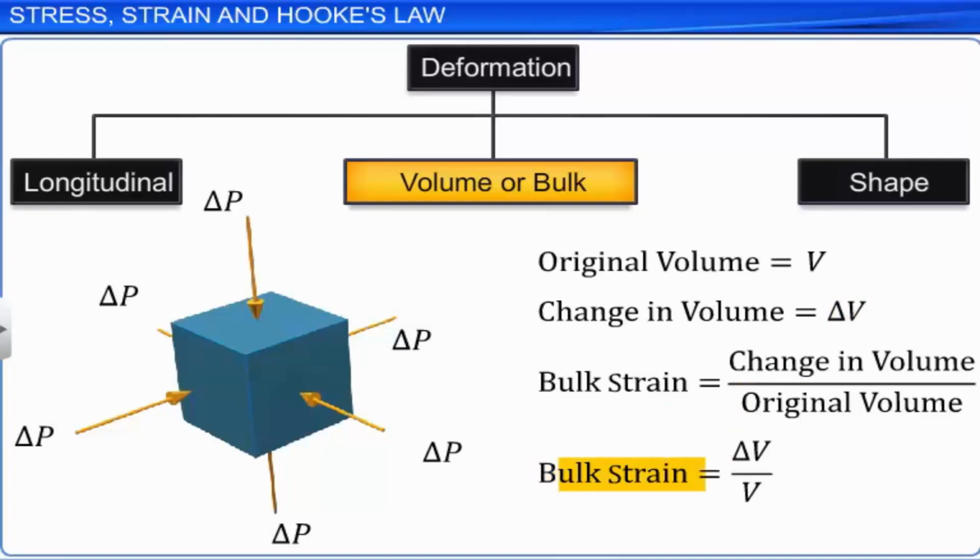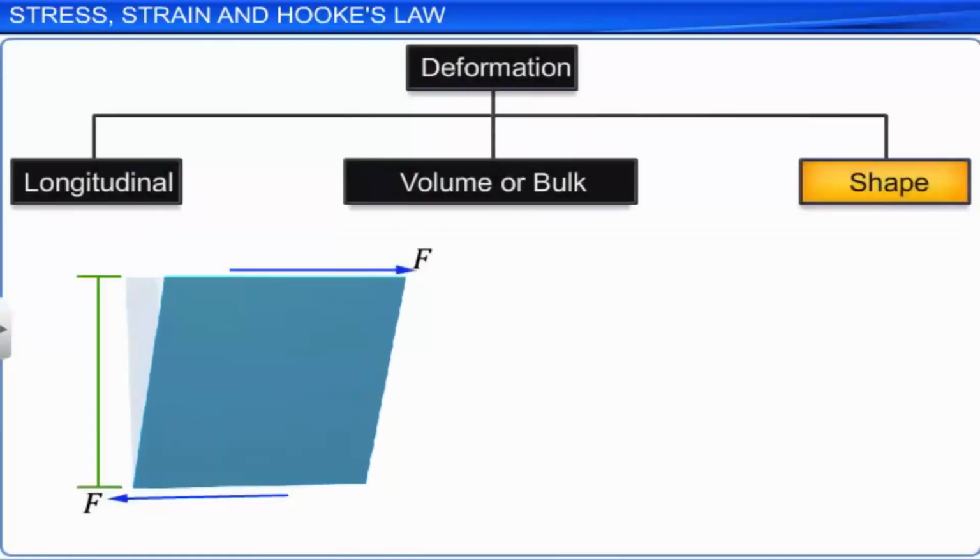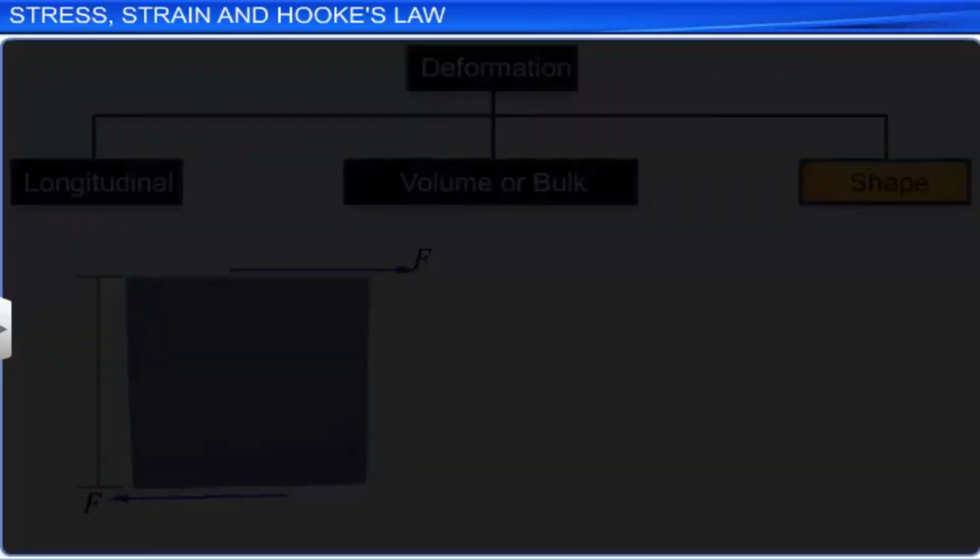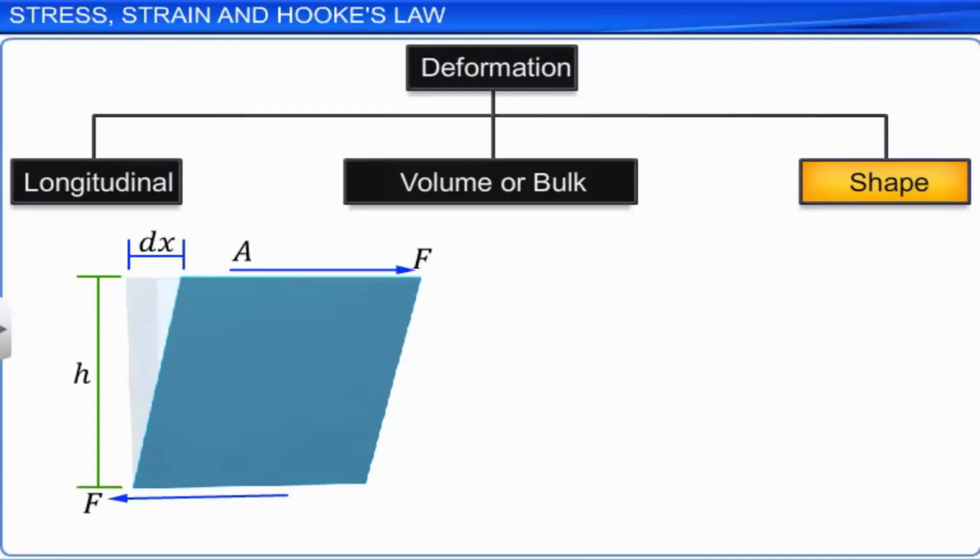When a force is applied to the top surface of the body tangential to it, the top surface is displaced laterally with respect to the bottom surface by length dx. Simultaneously, the vertical face of a body normal to the direction of the force applied is tilted through an angle gamma from the vertical. If the vertical height between the two horizontal surfaces is h, then using the geometry of the right triangle, we get tan gamma equal to dx by h.